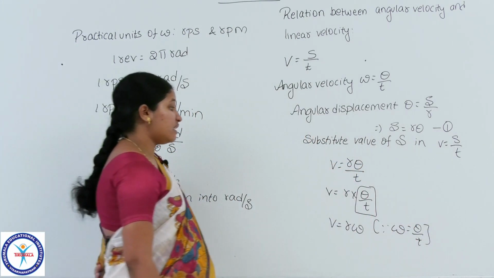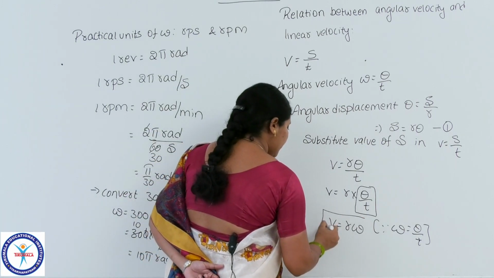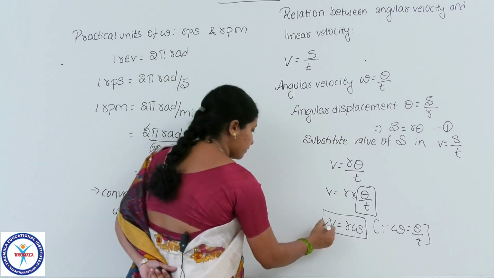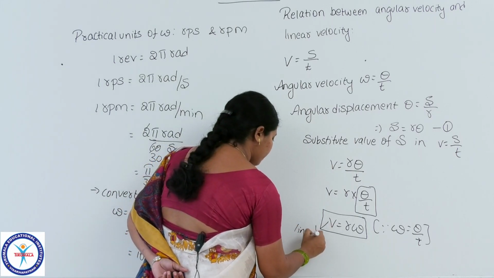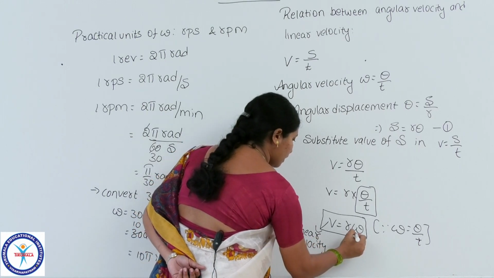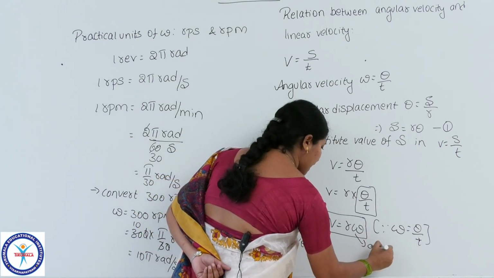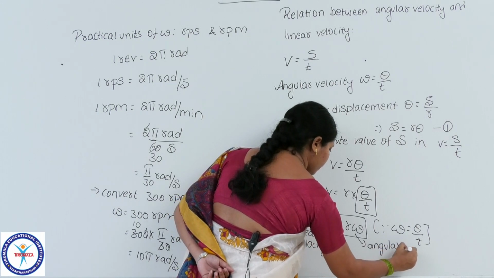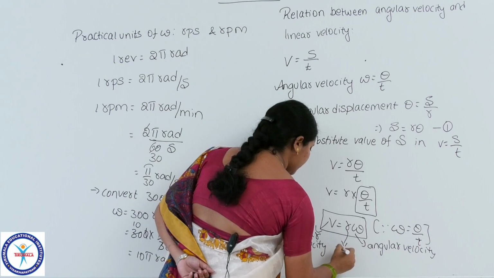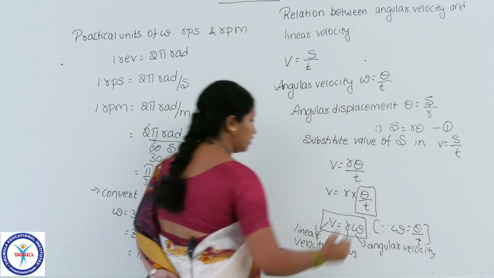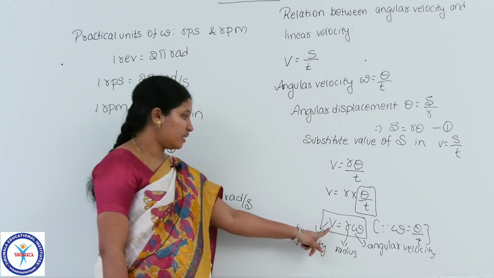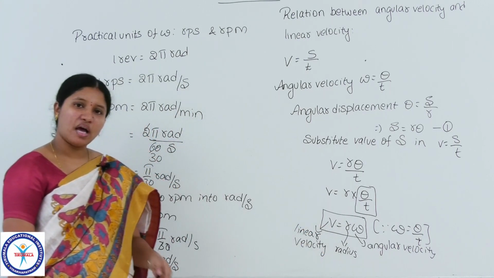So this is the relation between linear velocity and angular velocity, where v is linear velocity and omega is angular velocity, where r is the radius. So this is the relation, that is v is equal to r omega.